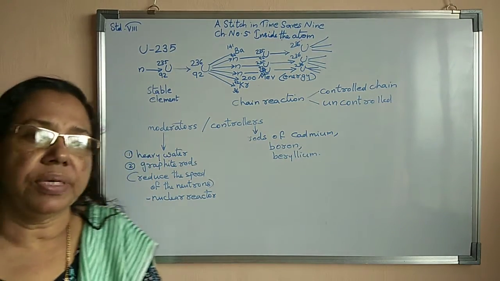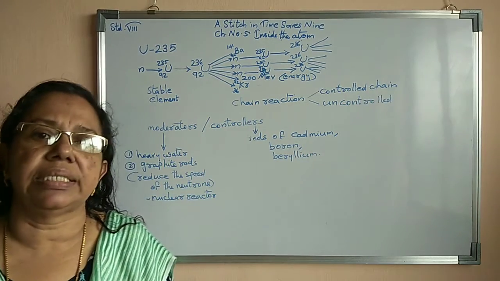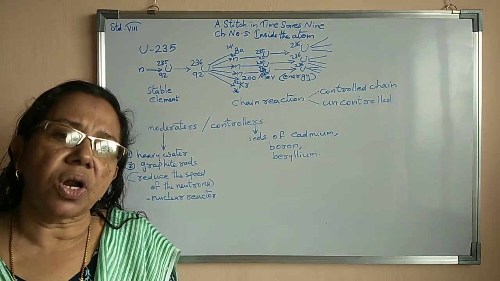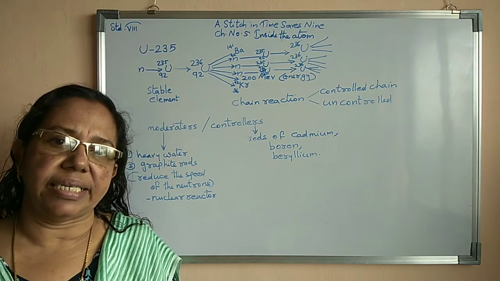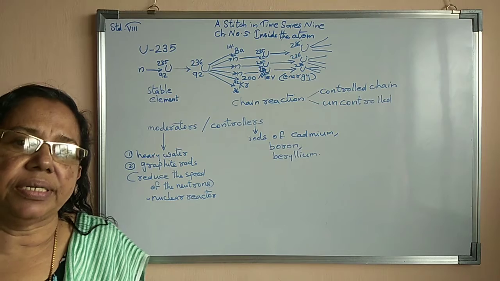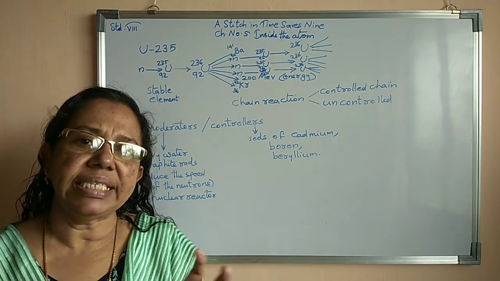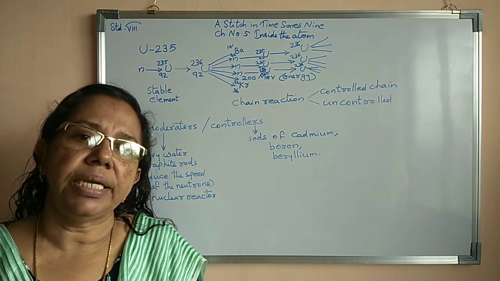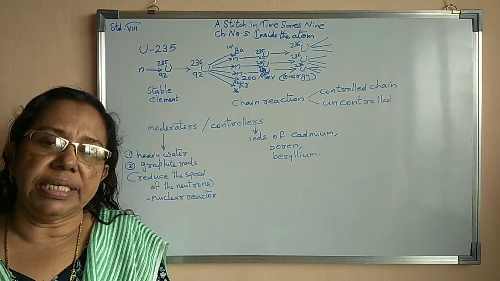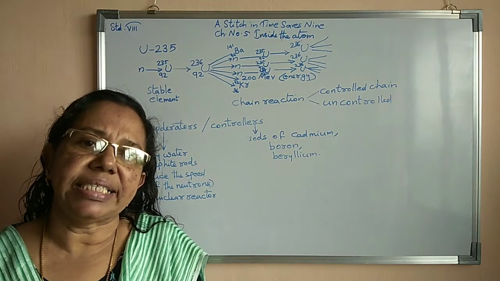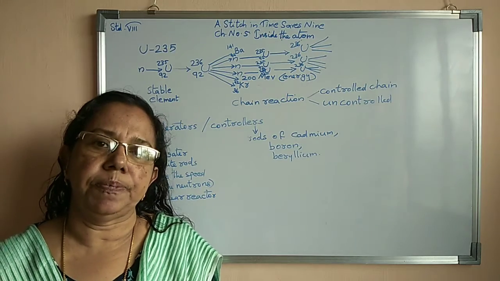As a result of these moderators as well as controllers, there will be a controlled chain reaction inside the nuclear reactor. As a result, there will be some control in the production of energy. That energy is utilized for the production of electricity.